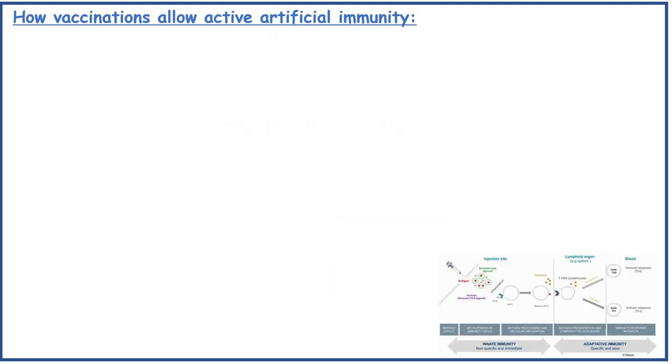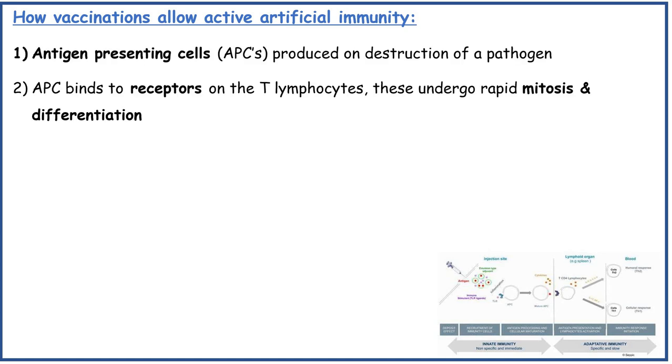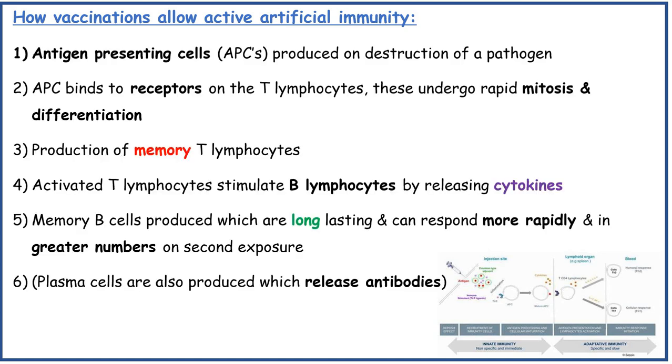So, how do vaccinations allow active artificial immunity? First of all, you've got antigen presenting cells or APCs, which are produced on destruction of a pathogen. An APC binds to receptors on the T lymphocytes. These undergo rapid mitosis and differentiation.